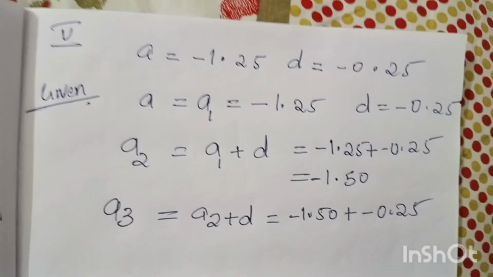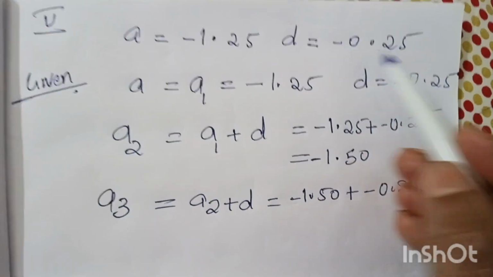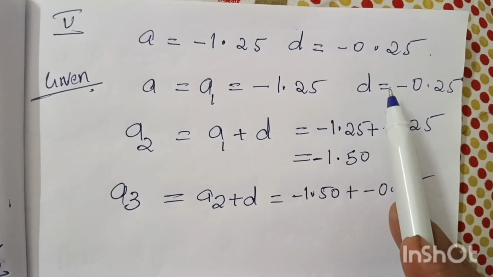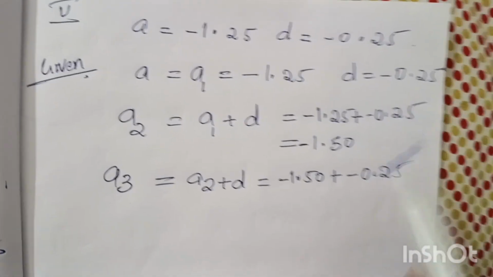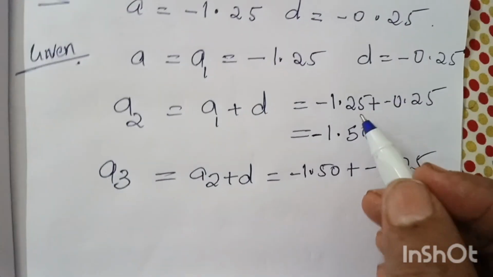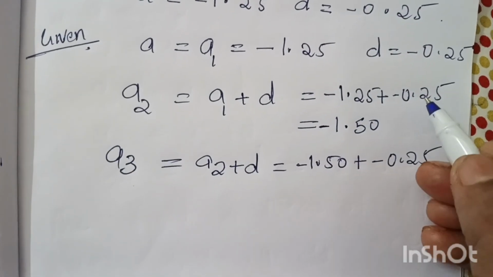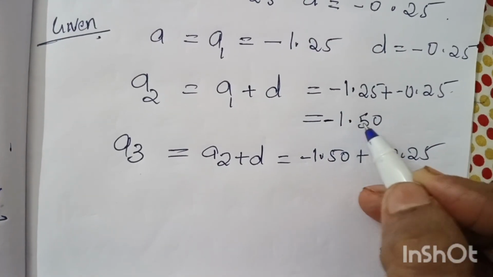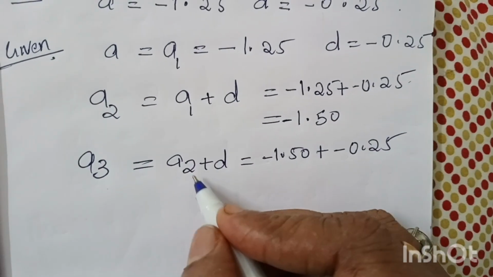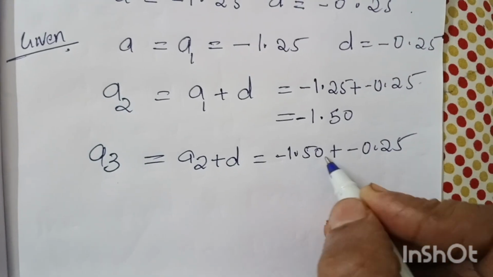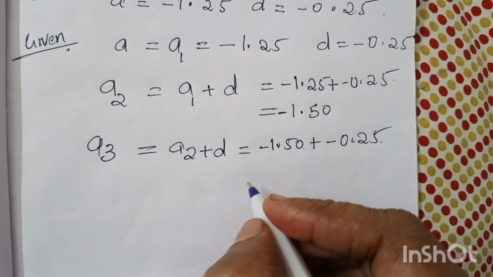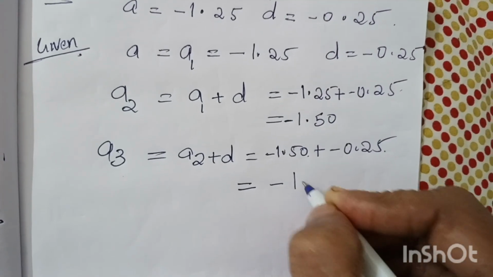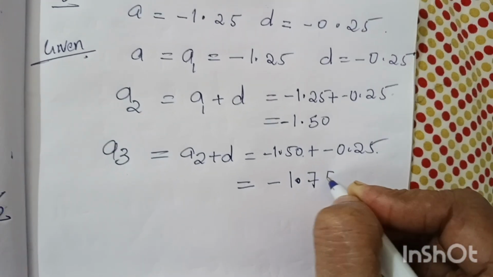a is equal to minus 1.25, d is equal to minus 0.25. a is equal to a1, which is equal to minus 1.25, d is equal to minus 0.25. a2 is equal to a1 plus d, which is equal to minus 1.25 plus minus 0.25, which is equal to minus 1.50. a3 is equal to a2 plus d, which is equal to minus 1.50 plus minus 0.25, which is equal to minus 1.75.